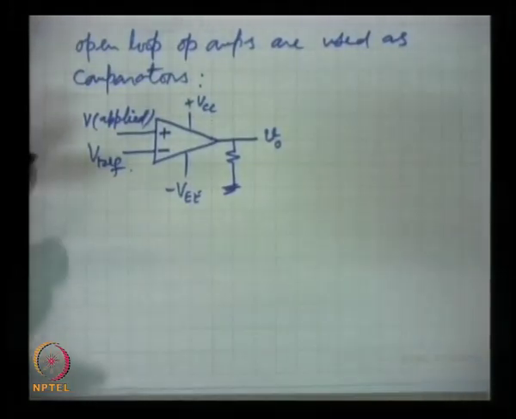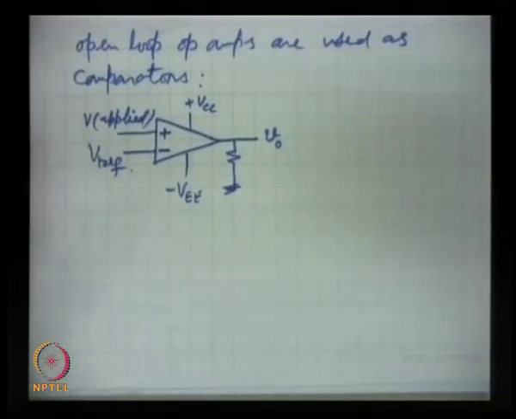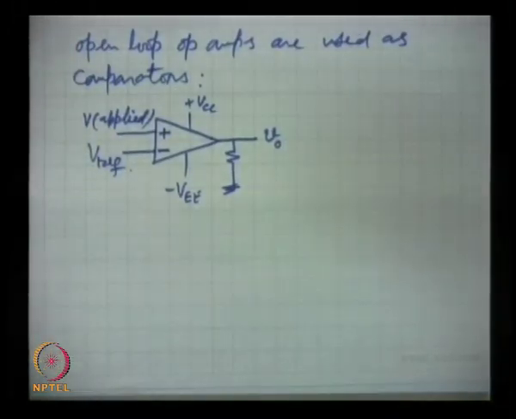So, this way, these are the three configurations in open loop: the inverting amplifier, the non-inverting amplifier, and the difference amplifier.